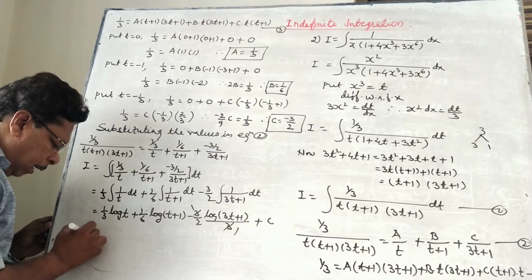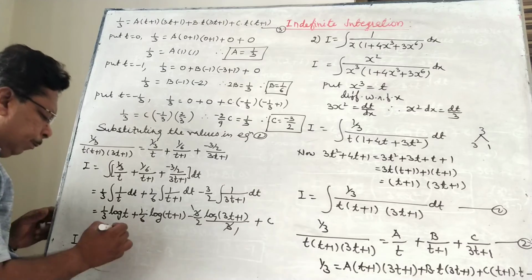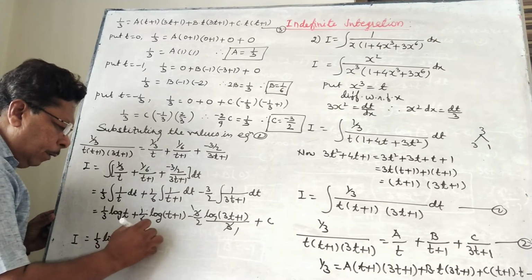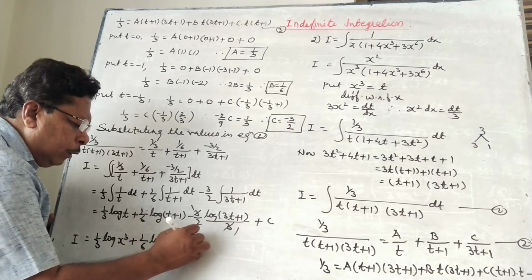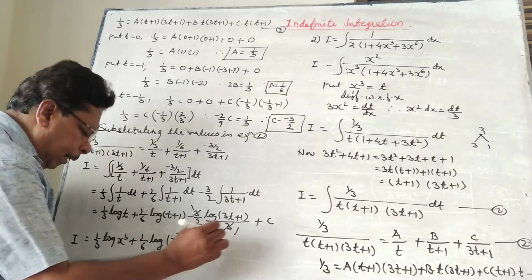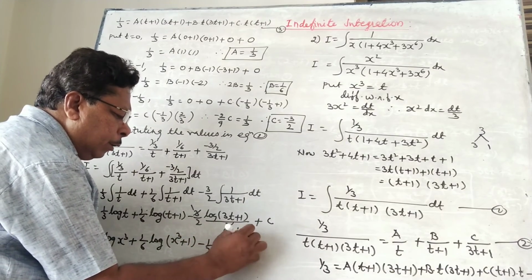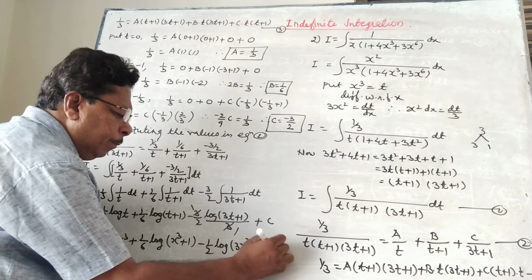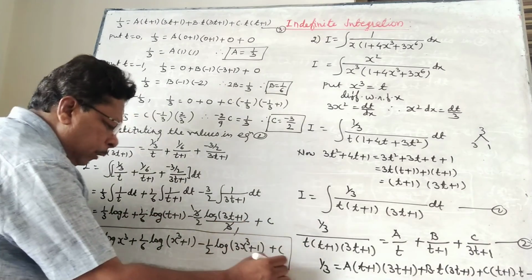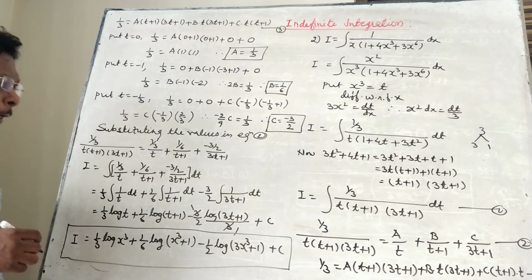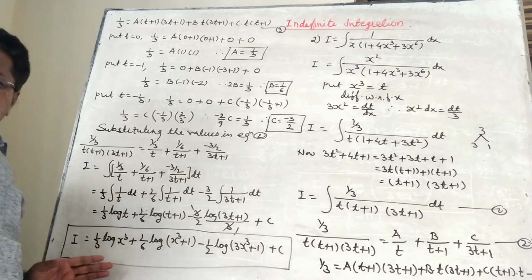So I is equal to 1/3 log x cubed plus 1/6 log x cubed plus 1 minus half log 3x cubed plus 1 plus c. By using the rule of logarithm, you can also simplify it, otherwise keep as it is. Do you understand? Isn't it?